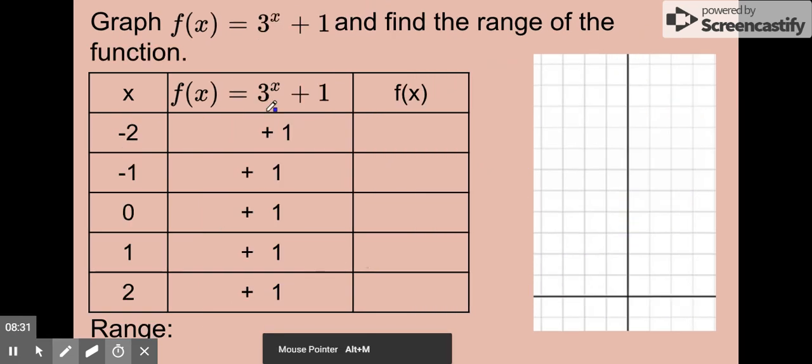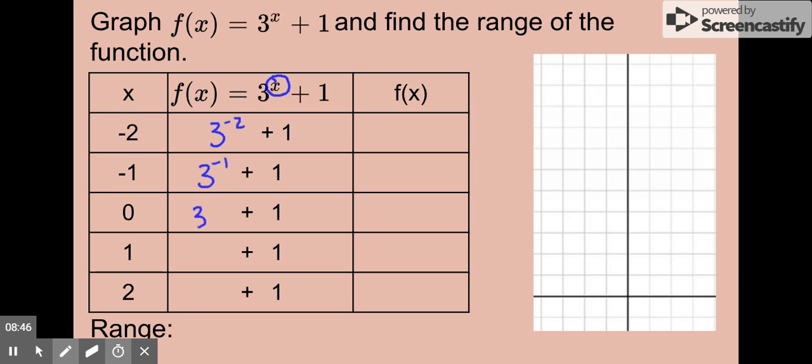All right, the next one is a different function, but the strategy is the same. Now I'm going to plug in -2 to the exponents. So 3 to the -2nd, 3 to the -1st, 3 to the 0, 3 to the first, 3 to the second power. So now I'm going to put -2, -1, 0, 1, 2. We have 5 inputs, so what are the outputs?